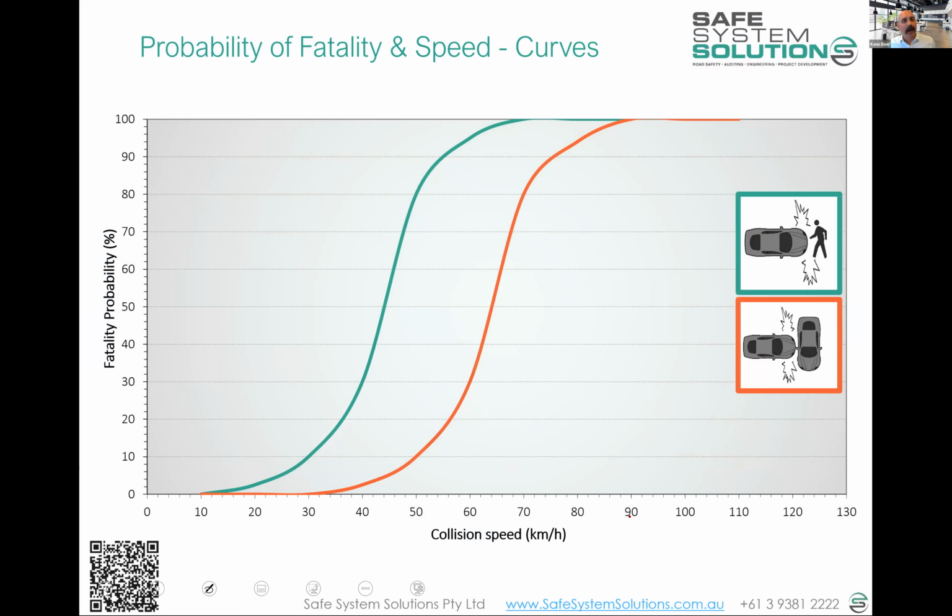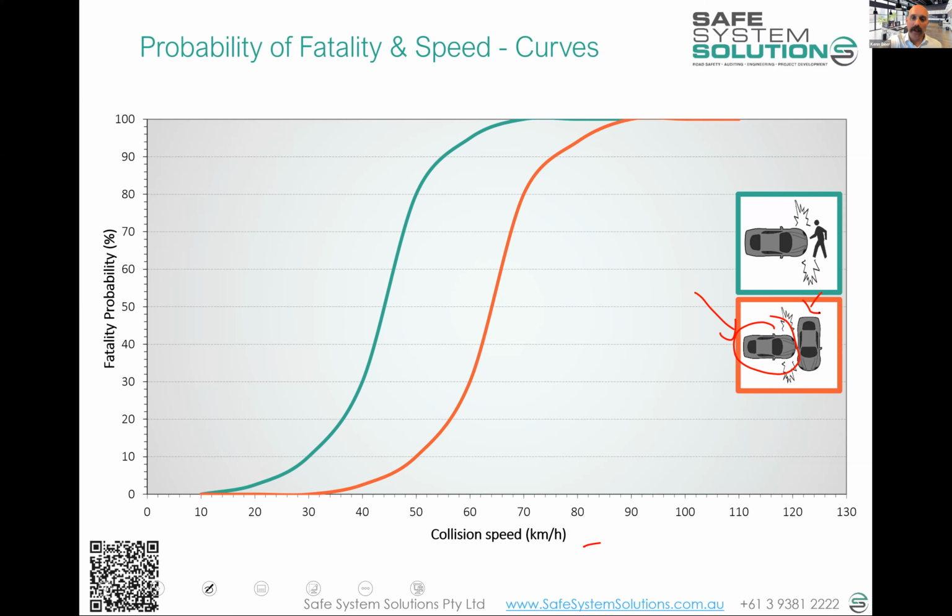But we've got this information for other crash types. So let's look at side impact crashes, right angle crashes. And we've got the bullet vehicle. So the bullet vehicle is the one that does the striking, that does the damage in any crash. And down here, we've got bullet vehicle speed, and the occupant of the target vehicle will be the one that's most likely killed.